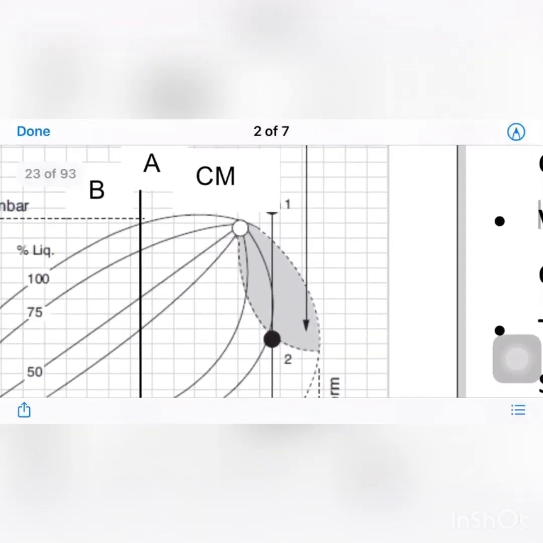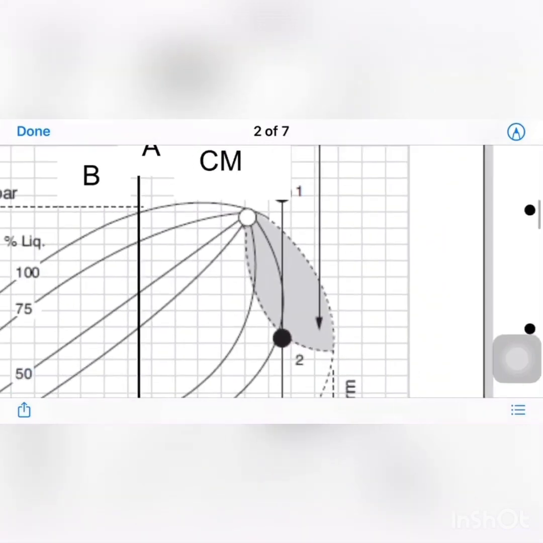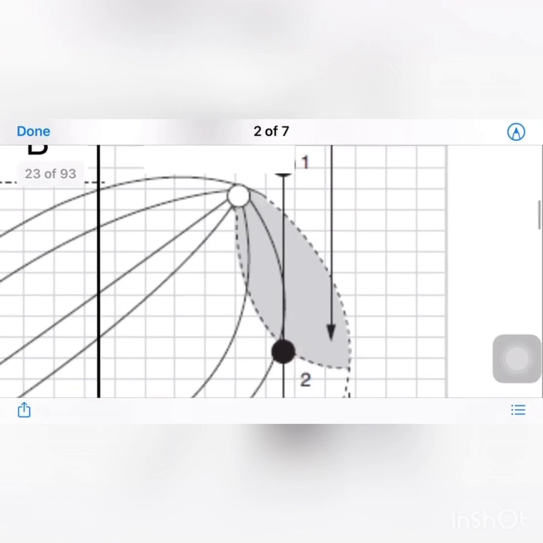If we decrease pressure from point 1, firstly the line intercepts the dew point line, where we have 0% liquid.